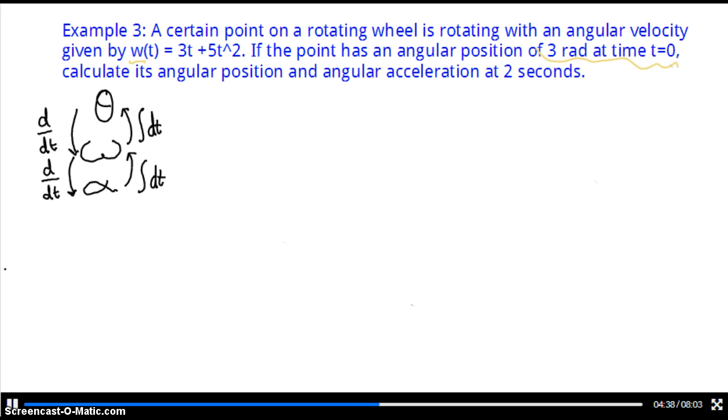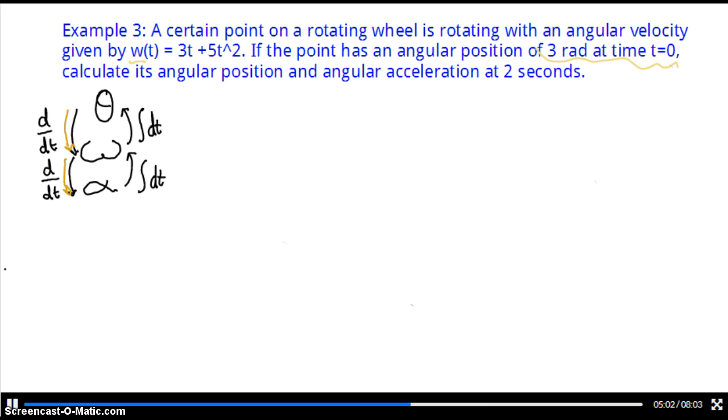So something we need to remember, that if I have position as a function, and I want to find the velocity, all I do is take the derivative of that function. And then if I have velocity and I want acceleration, I take the derivative of that velocity function.